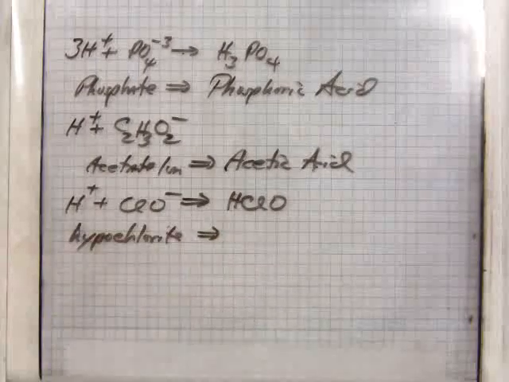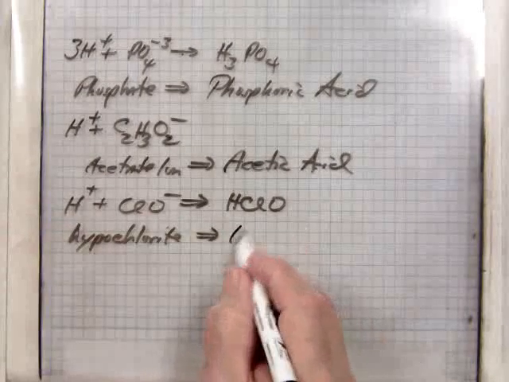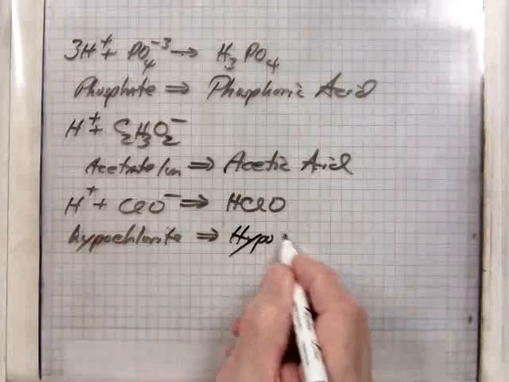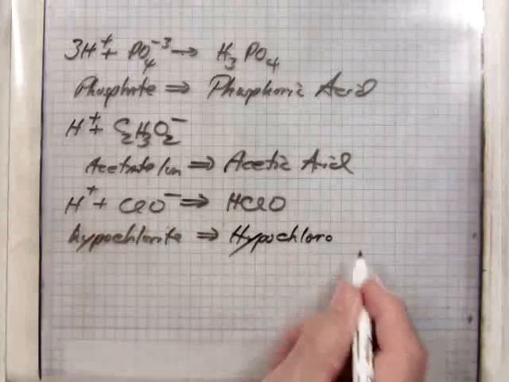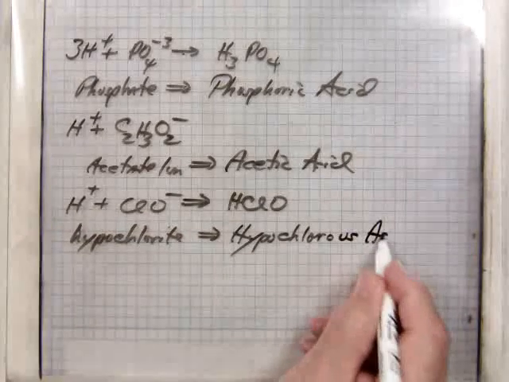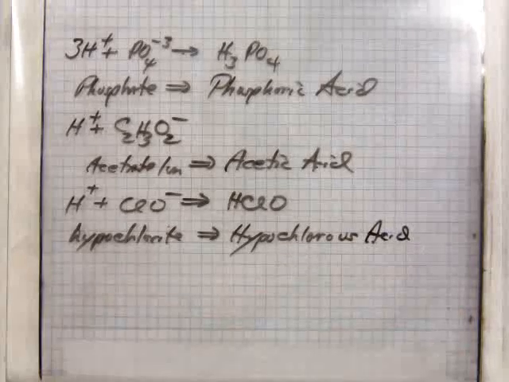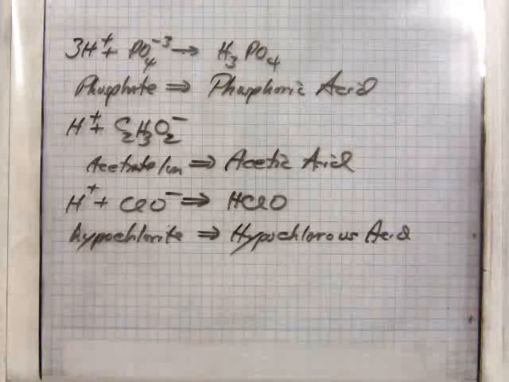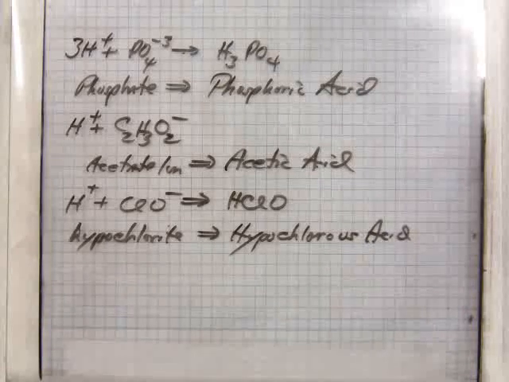OUS acid. So this is hypochlorous acid. So all you have to do is know your nomenclature and apply the appropriate ending to the nomenclature of choice.